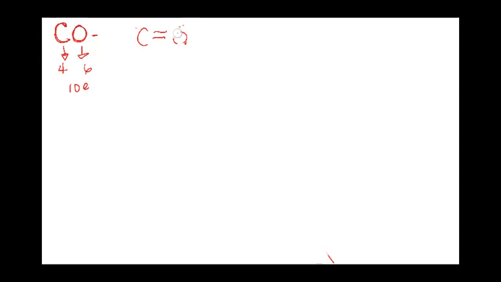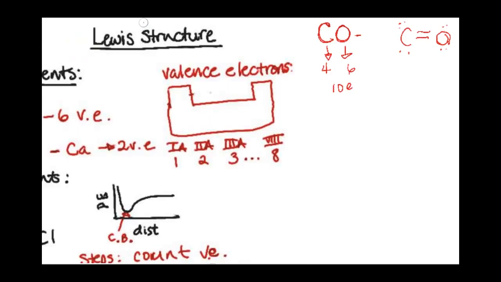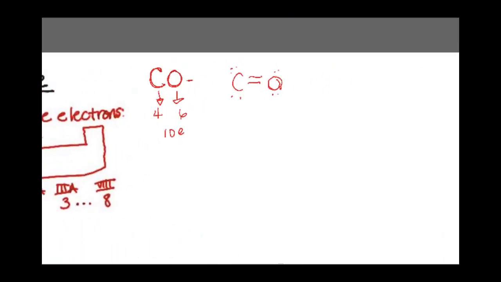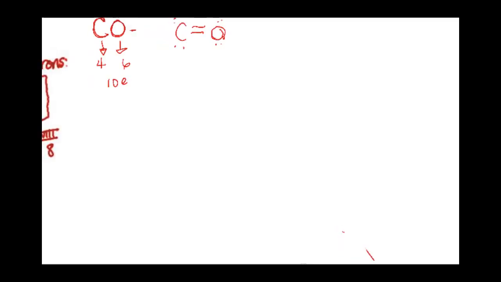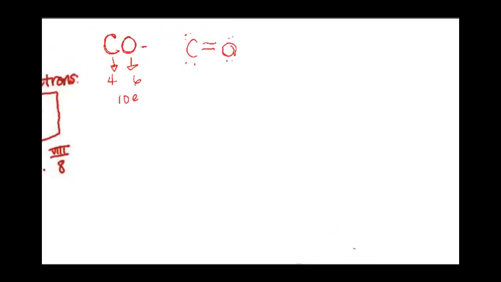So 4, and then this would be 2 and 4, so that's 2, 4, 6, 8, 10, 12. Still too many, right? Let's go back over here. So let's try adding a triple bond, and hopefully it'll match up when we do a triple bond.